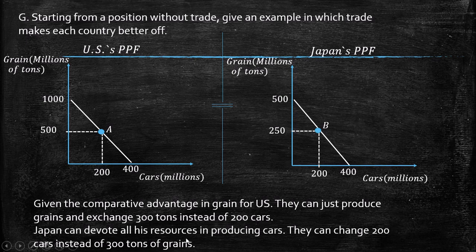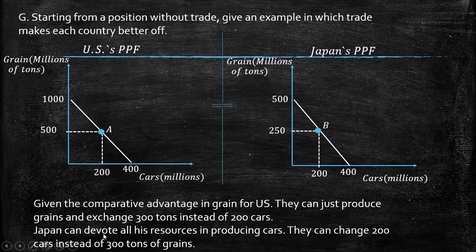Here I'm just specializing the US. I'm going to say to the United States: just produce grain, which is 1000, and give 300 tons instead of 200 cars.